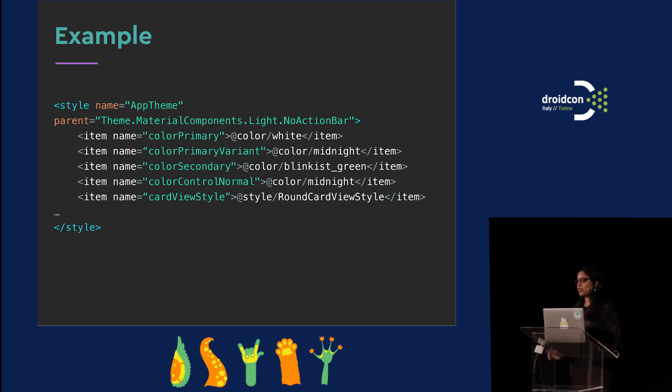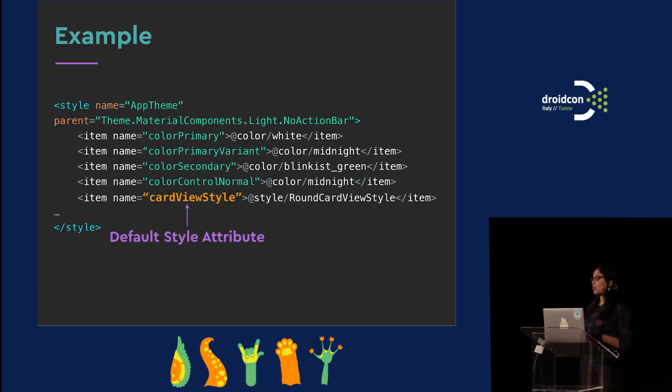And something cool that you can do in themes is that you can set default style attributes. So here I'm saying, hey, by default, I want all the card views in my app to have this round card view style. And that's why this card view style is known as a default style attribute.